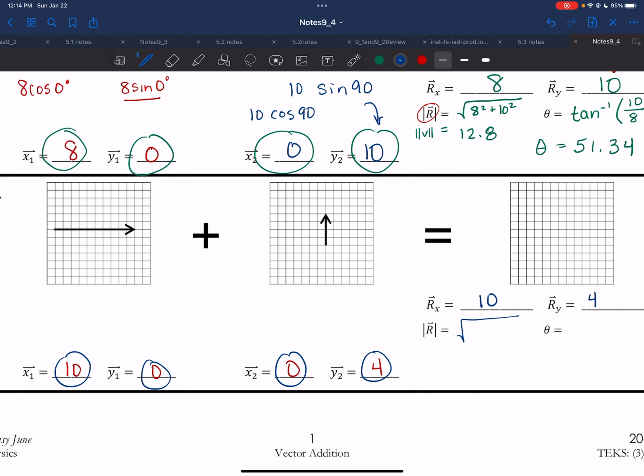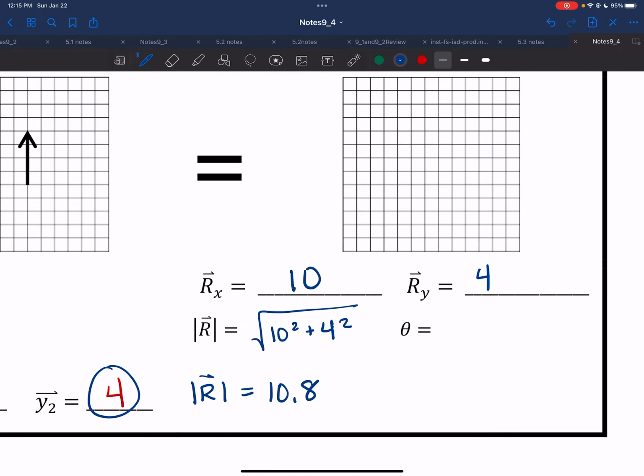I take the square root of 10 squared plus 4 squared, so that would be the square root of 116, which is 10.8. And then to find my angle, I'm going to take the inverse tangent of my y over x, so 4 over 10.